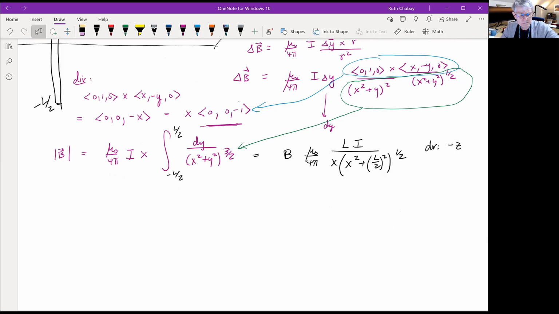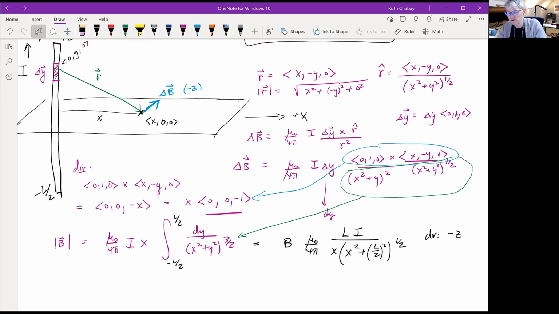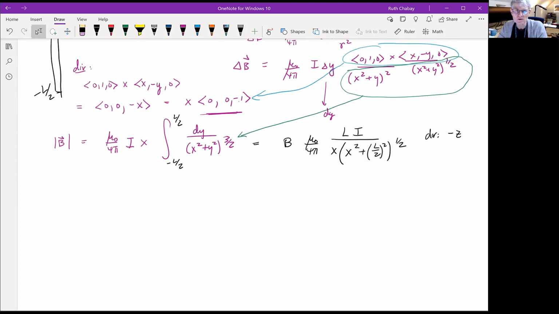And again, this is a situation that has cylindrical symmetry, where cylindrical coordinates make more sense.